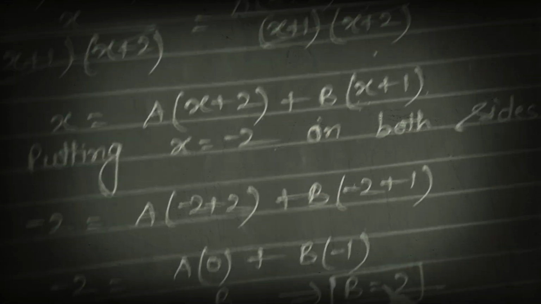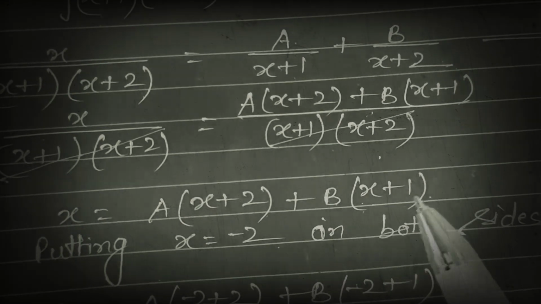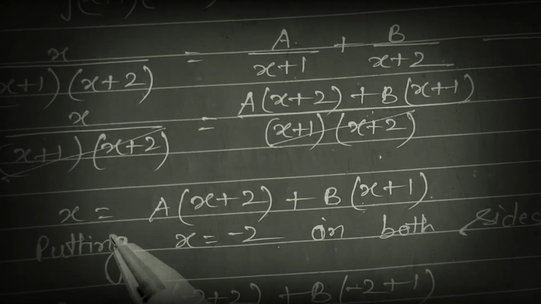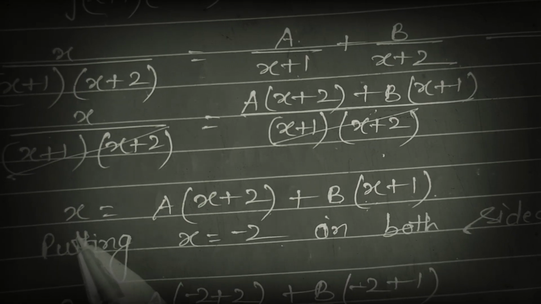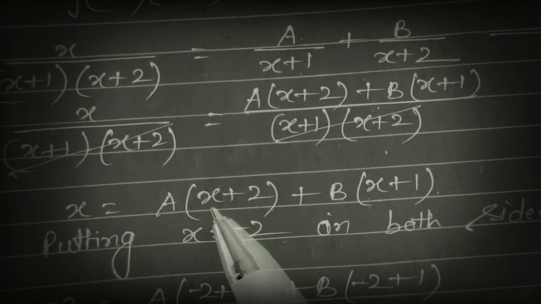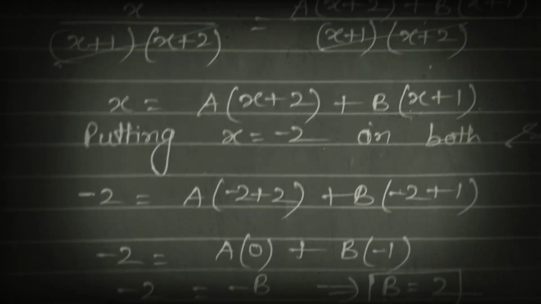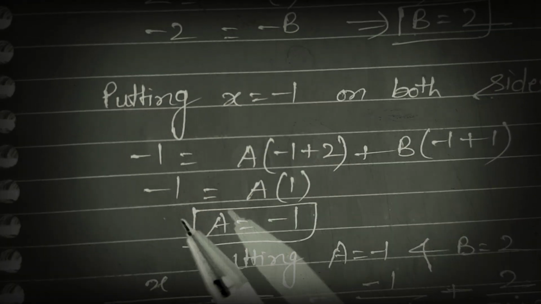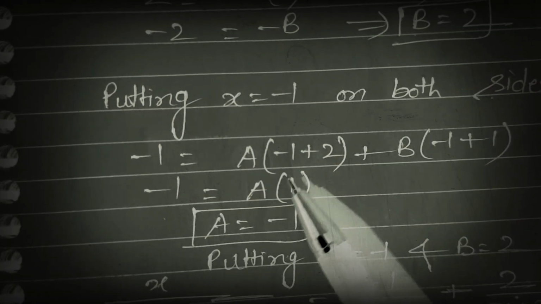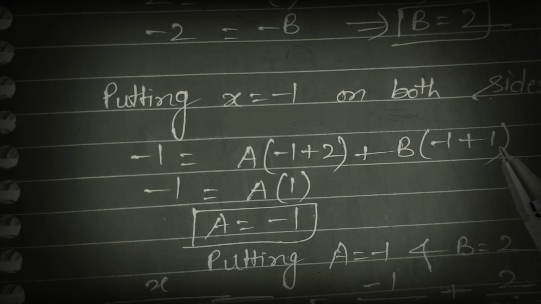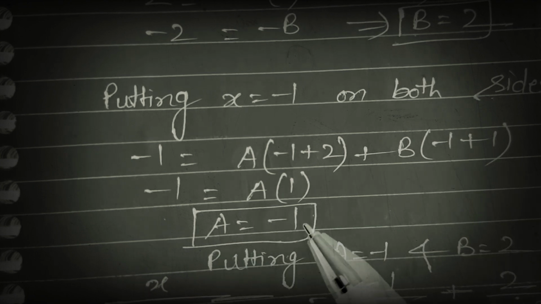Now we put x plus 1 equal to 0, meaning x is equal to minus 1, on both sides. So with minus 1, A into minus 1 plus 2 plus B into minus 1 plus 1, we get minus 1 is equal to A into 1, and the B term is 0. So A is equal to minus 1.